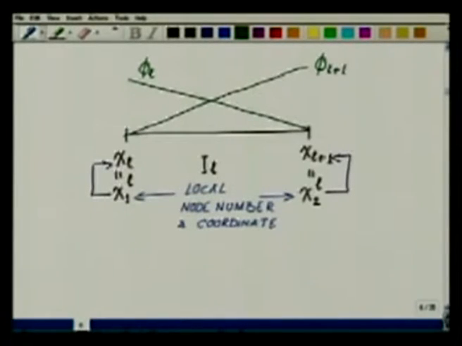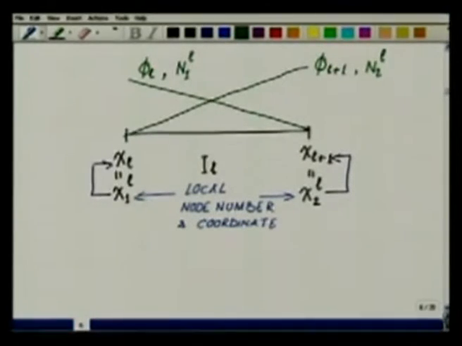These are the only 2 phi's which are non-zero in this element. So we are going to give them again an element name, a name when I am in this element I_l. Quite naturally, I am going to call it N_1 of element l, and this one will be N_2 of element l.